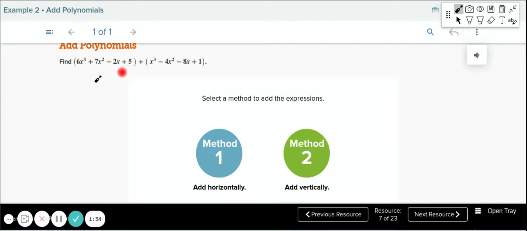But I have this first polynomial, 6x to the third plus 7x squared minus 2x plus 5. And I'm adding it to the second polynomial, x to the third minus 4x squared minus 8x plus 1. So to do this horizontally, the first thing, if you're going to do it horizontal or vertical, the first thing you always want to do is figure out where your like terms are. So we got 6x to the third, and we have this x to the third.